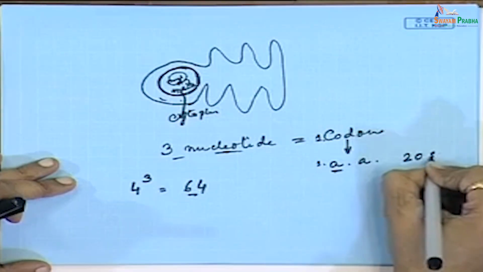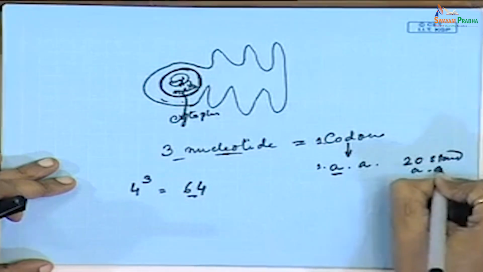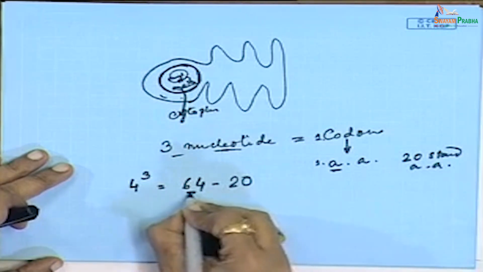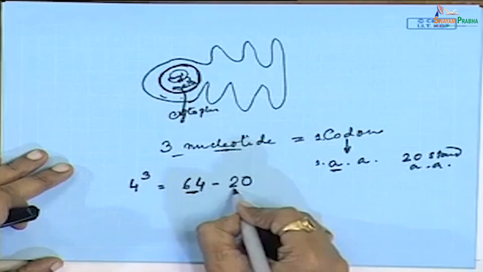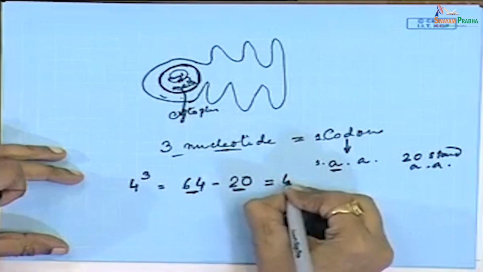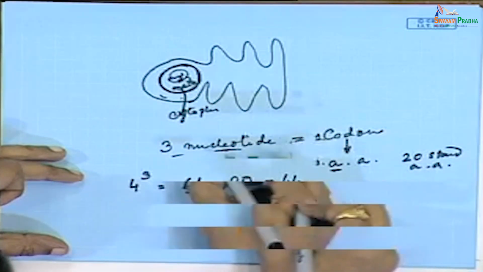But in reality, what is happening? We have only 20 standard amino acids, as I have already told, and with their permutation and combination, proteins are formed. So, if 64 codons are there and 20 amino acids are there, and each codon were responsible for coding only one amino acid, then there would be 44 codons for which no amino acid exists.